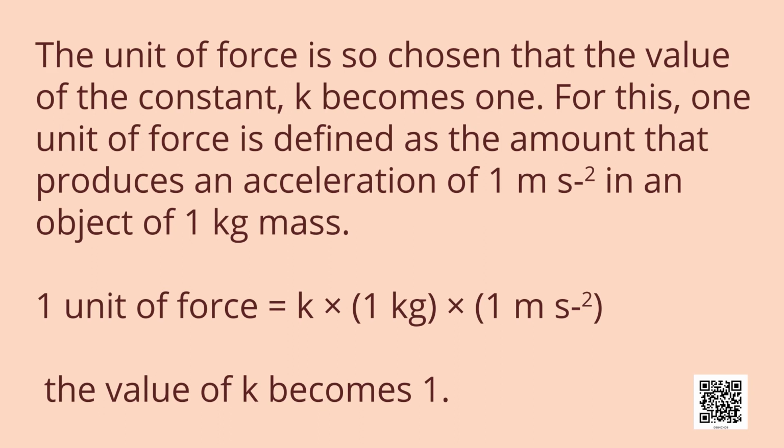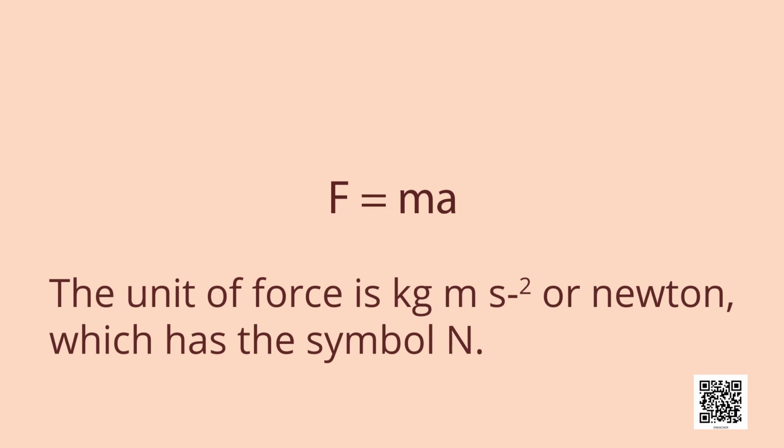That is, 1 unit of force is equal to k into 1 kg into 1 meter per second square. Thus, the value of k becomes 1. And now the equation is F equals ma. The unit of force is kilogram meter per second square or Newton, which has the symbol N.